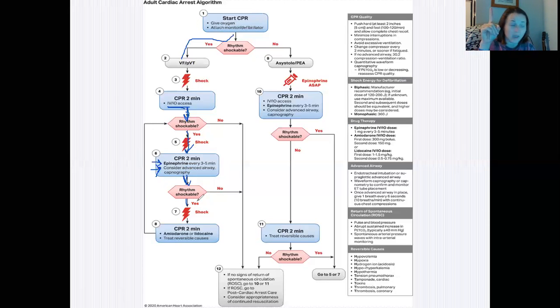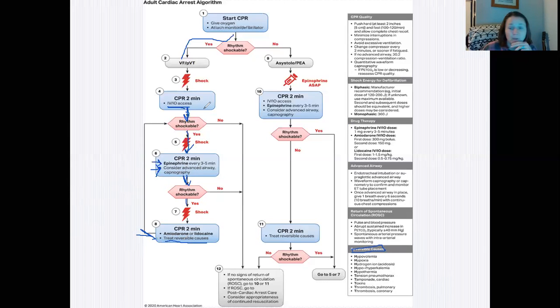So the first 2 minute break, we're going to spend getting IV access. The second 2 minute break, we're going to administer epinephrine and consider getting an advanced airway in place. Then this next one, we're going to consider starting some amiodarone and treating reversible causes, which are down here. I'm going to go over these on the next slide, so we're not going to talk about these right now.